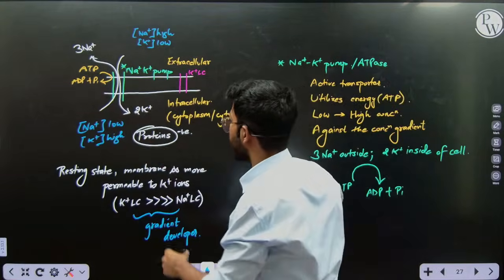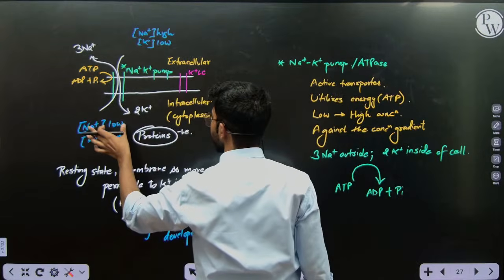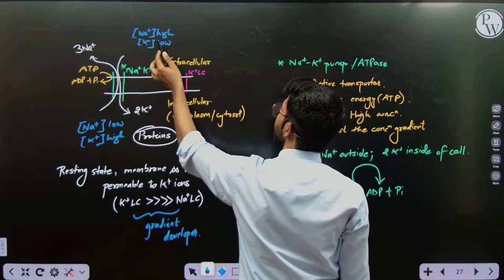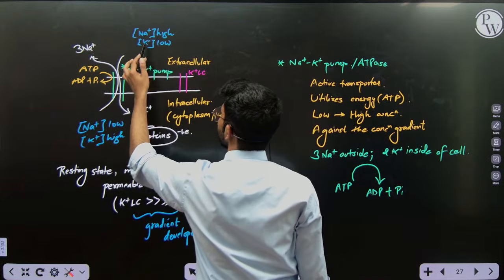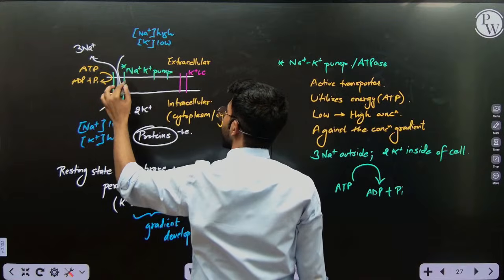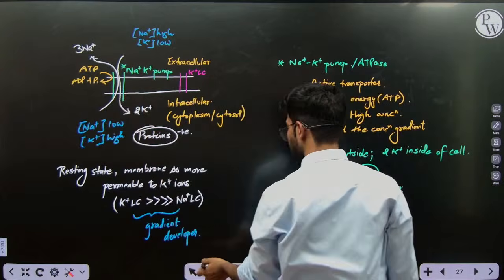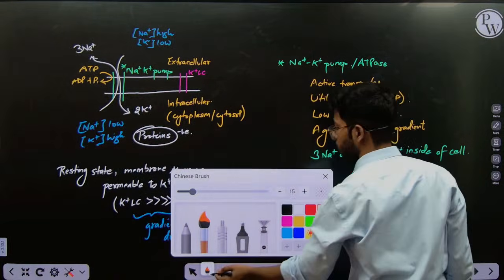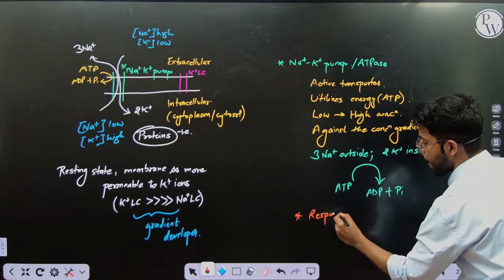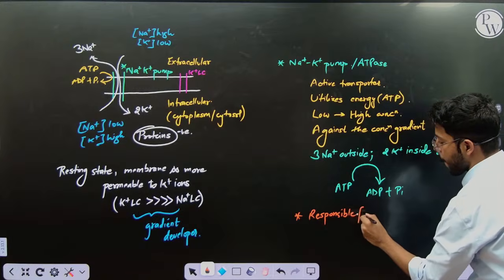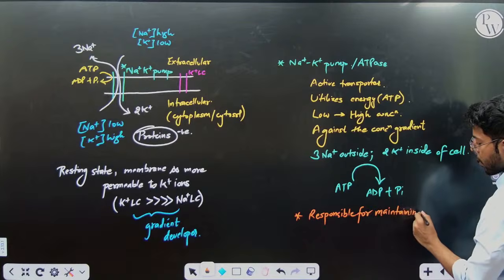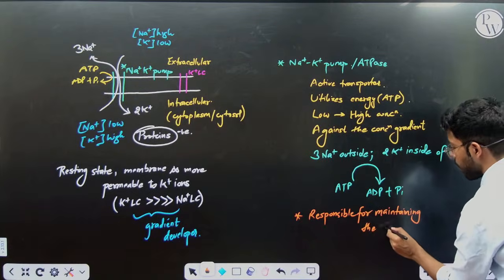The sodium ion is always in low concentration inside the cytosol or cytoplasm, but it is present in high amount in the extracellular fluid, outside the cell, because this pump is responsible for maintaining the membrane potential.